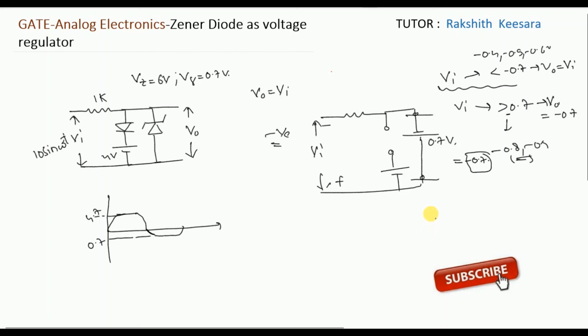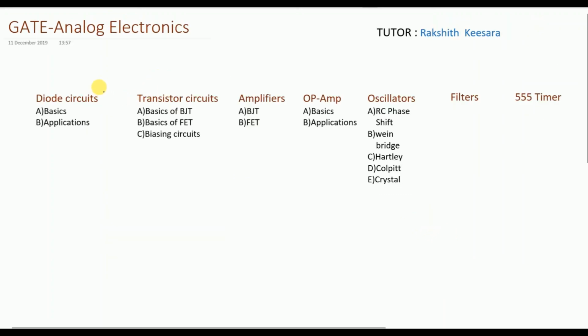So guys, if you see here, this topic is completed. I have solved all the GATE previous year questions with complete concept. From the next lecture, we will start the transistor circuits. That is, what is BJT, what is FET, how we will bias, how we will use that as an amplifier, and all that, input resistance, output resistance, everything.